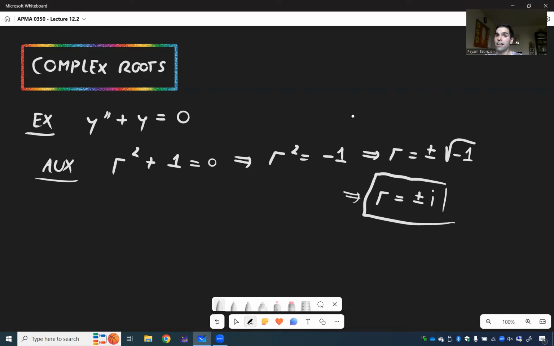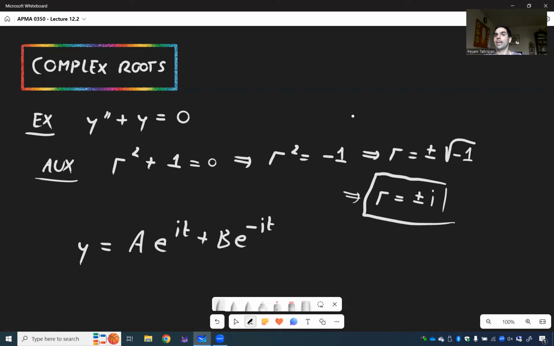Now, by analogy with distinct roots, and it's really still the same because of the factoring method, this means that y is A e to the it plus B e to the minus it.